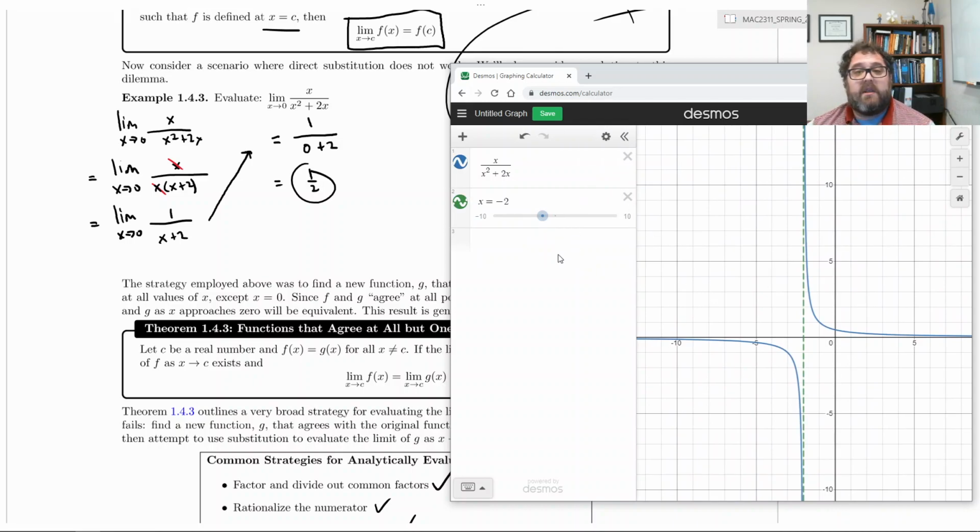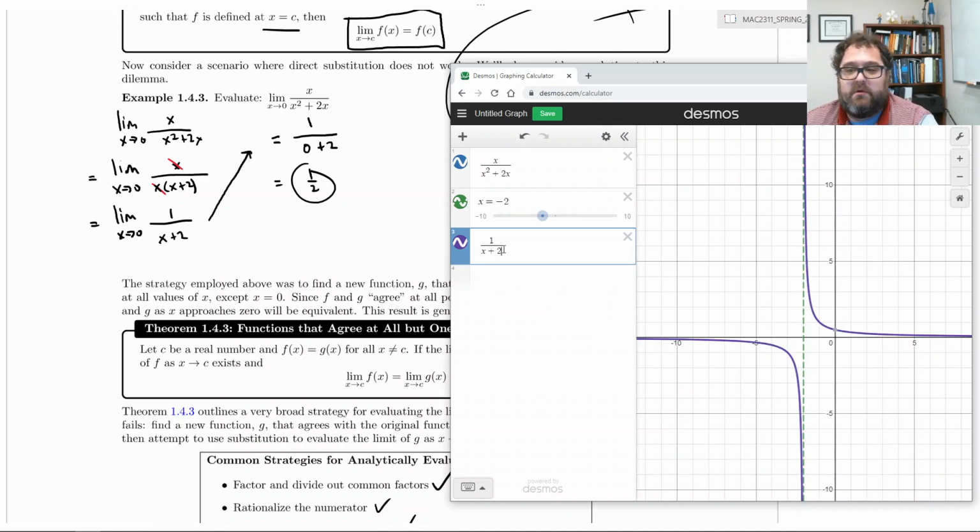Okay. Now, what is our new function, the simplified function? It was 1 over x plus 2. So let's now graph 1 over x plus 2. And I'll do that in a different color, purple.